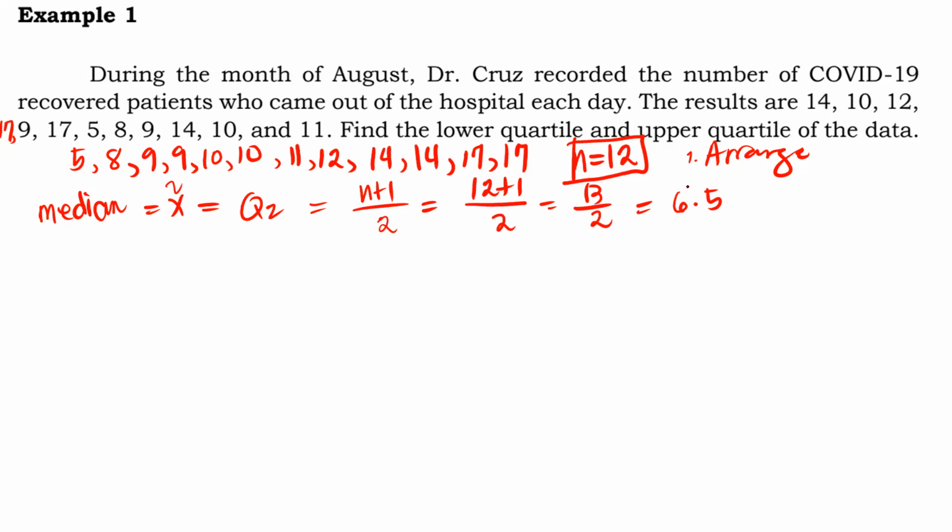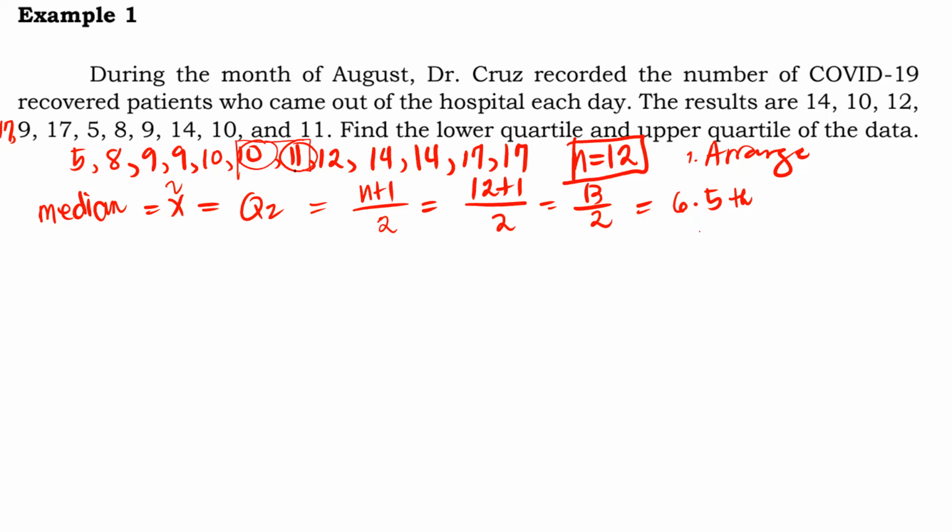Right? So kung 6.5 yan, nasa pagitan siya ng 6th data at 7th data. Mali ako nang sinabi kanina. Dapat nasa pagitan siya ng 6 and 7. 1, 2, 10 and 3, 4, 11. 5, 6. Diba? 10 and 11.